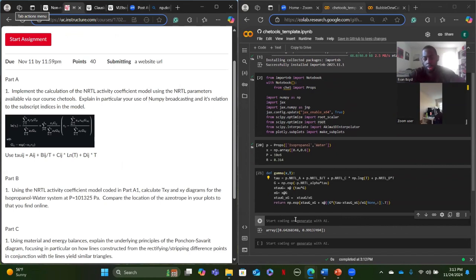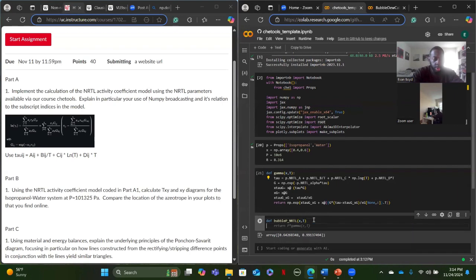So we'll first start with our bubble point, finding our bubble pressure with respect to our NRTL, from our composition and then our temperature.